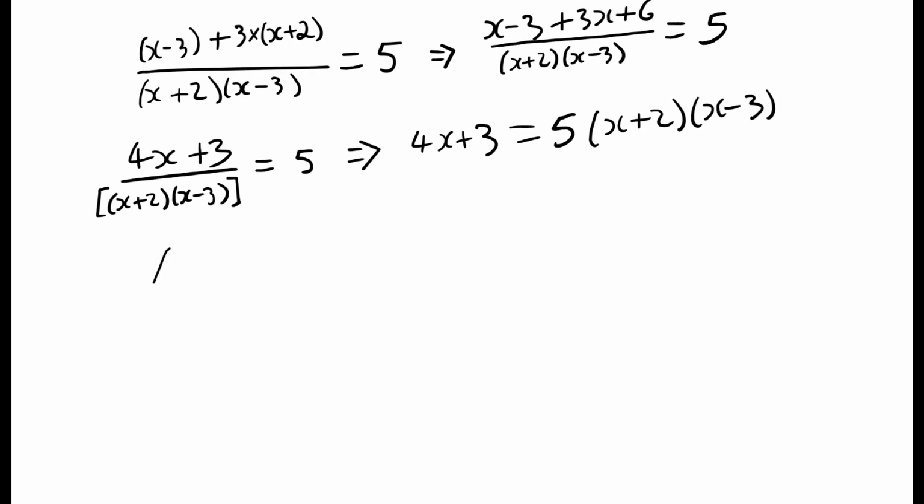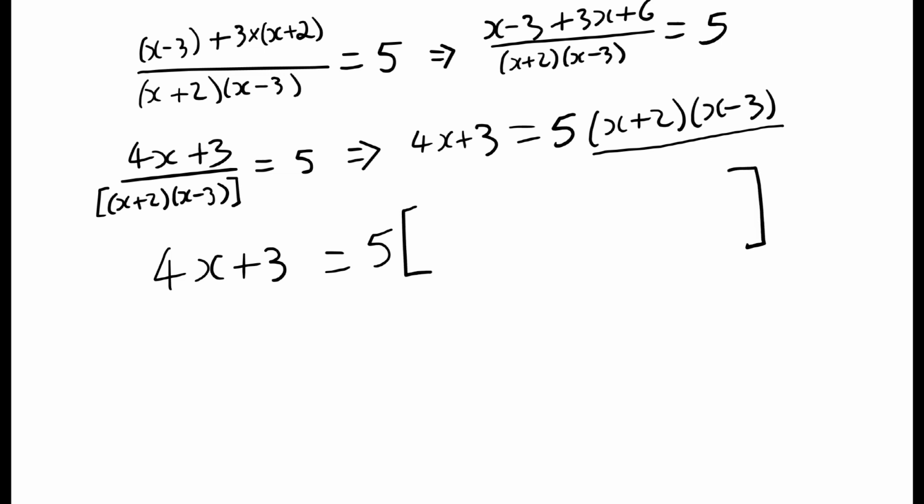So on the left hand side we have 4x plus 3, and on the right hand side we have 5 lots of this pair of brackets. So I'm going to put in a square bracket after the 5, and inside those square brackets expand x plus 2 x minus 3 using FOIL.